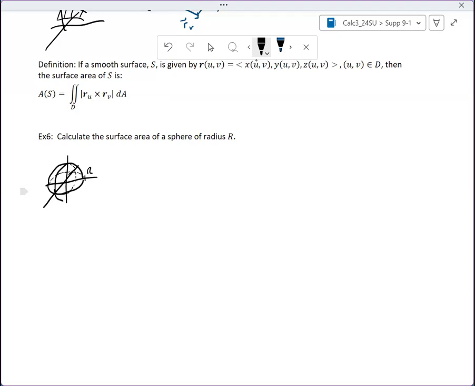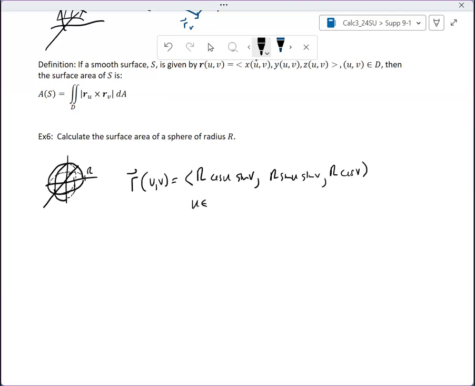I think the bottom of my sphere should come down a little more to make it look a little better. So here's my sphere of radius R. If we refer back up above, or think of our spherical coordinates, we get x equals r cos u sine v, y equals r sine u sine v, and z equals r cos v.